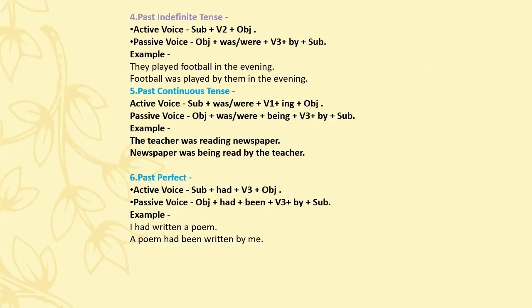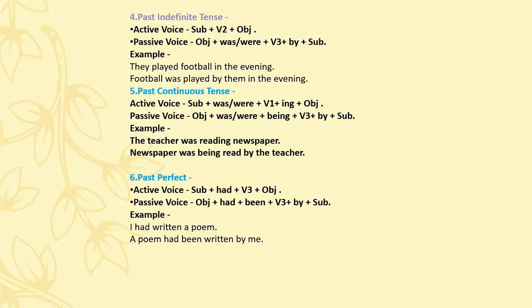Now let us come to the past formation, past indefinite. It's very easy. Again, the same structure for the active voice as we have studied in simple past tense. So the V2 form is used in this case: subject plus V2 plus object. All the basic rules will remain the same.